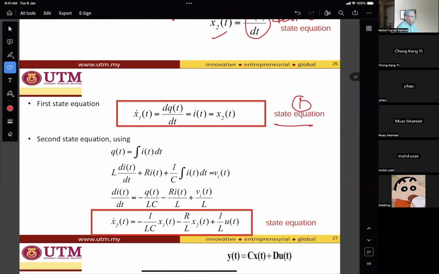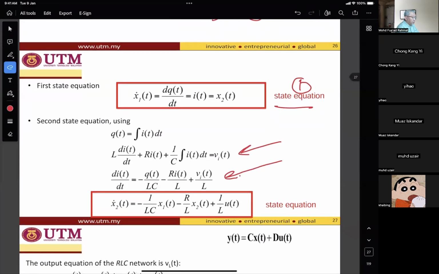For the second state equation, we know that q of t is the integration of i of t. And from this equation, we replace the q of t inside the main equation. Okay, so we found di over dt equals minus q of t over LC, minus R over L i of t, plus 1 over L multiplied by VI. So this one is x1, this one is x2, and this one is input.